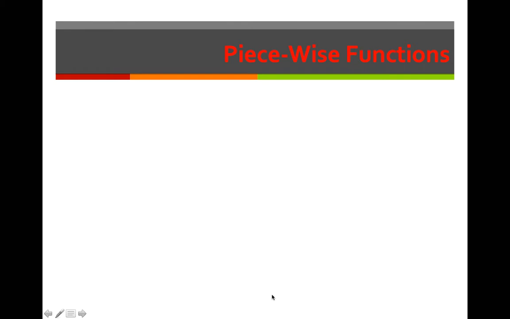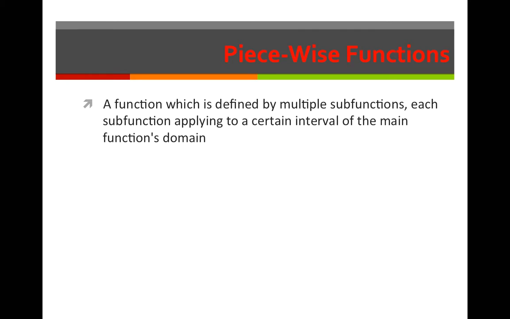Let's get into piecewise. You may have remembered this from Algebra 2. A piecewise function is basically a function that's defined by two or more subfunctions, and each subfunction has a different interval from the entire function's domain.